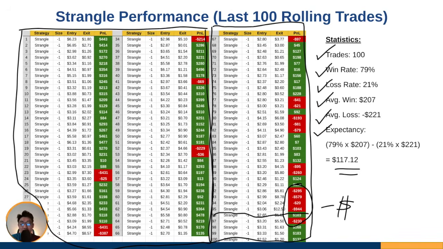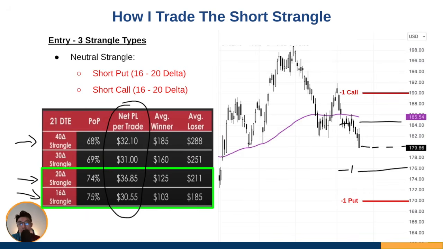You will see that these are 5 losses in a row, and the losses are pretty big. You have a total loss of maybe up to over $2,000. At this point in time, you might be very demoralized, thinking that this strategy is not working. But again, it's very important to just keep on putting the trades on over and over again until the probability plays out. So the one that I put for the neutral strangle is generally around 16 to 20 deltas.